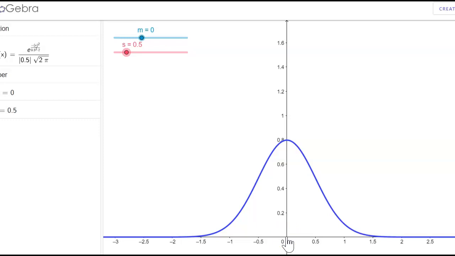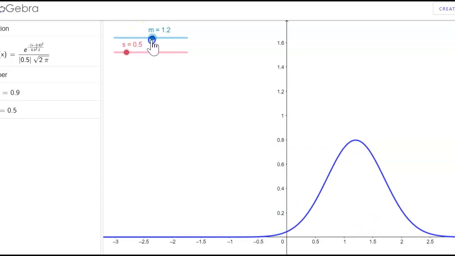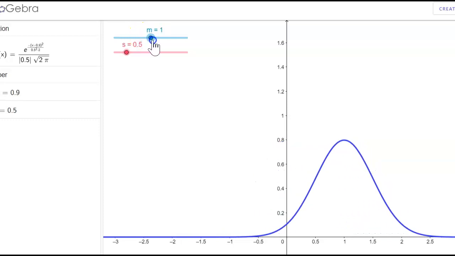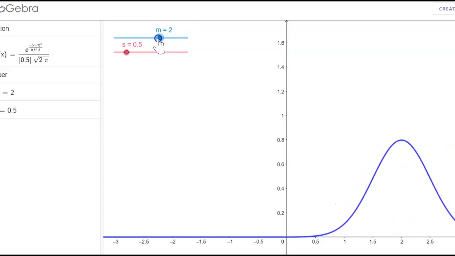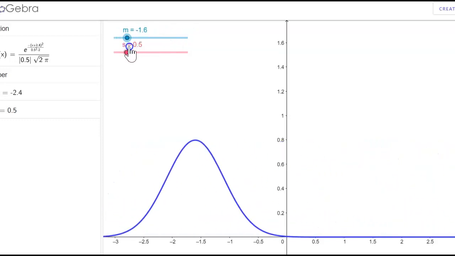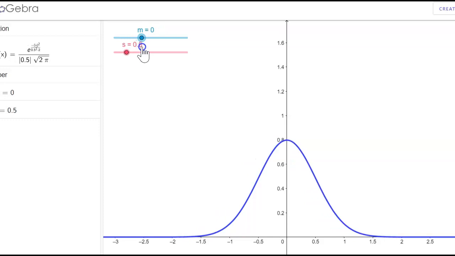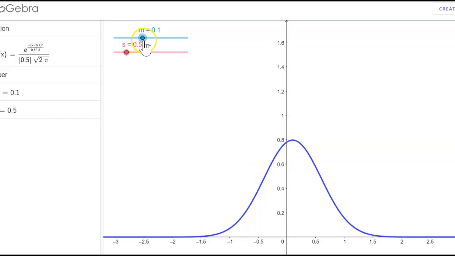Can we be specific? Shift. Can we be more precise with our terminology that we've taught you? A translation. Good. Vertical, horizontal. Horizontal, good. So if I go mu is 1, it's going to shift to the right to 1, 2, there we go. If I shift mu to the left, there we go. So if you adjust the mean, it's going to move left and right.